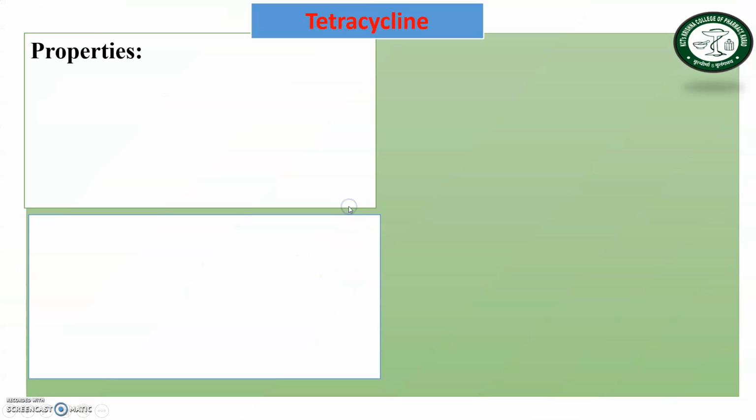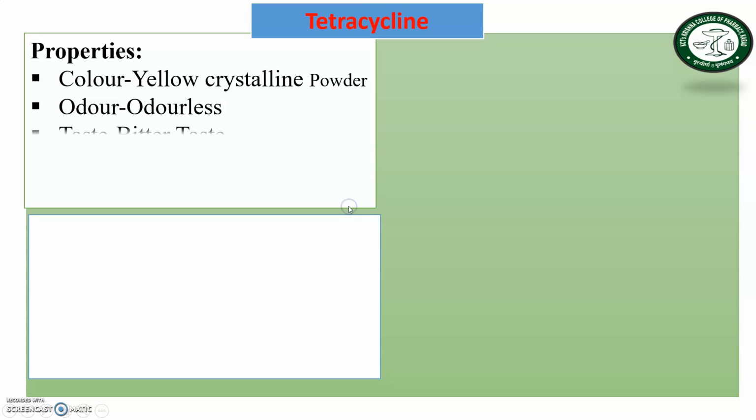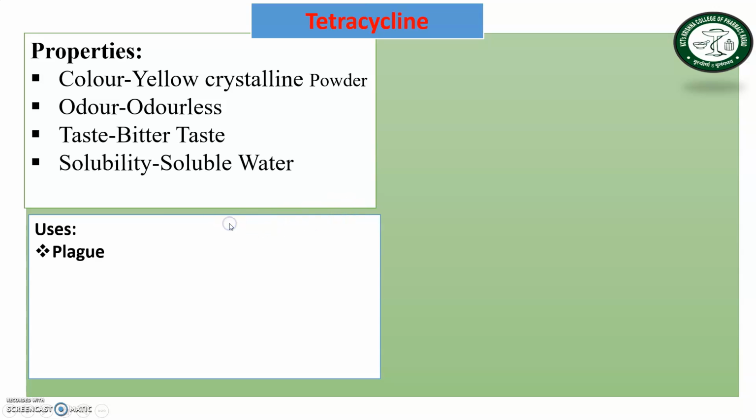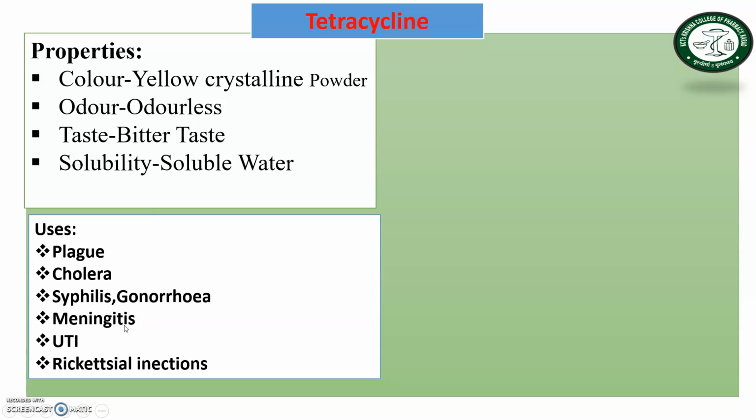The next important structure is tetracycline. These are the properties. Uses: plague, cholera, syphilis, gonorrhea, meningitis, urinary tract infection, that is UTI, rickettsia infection.